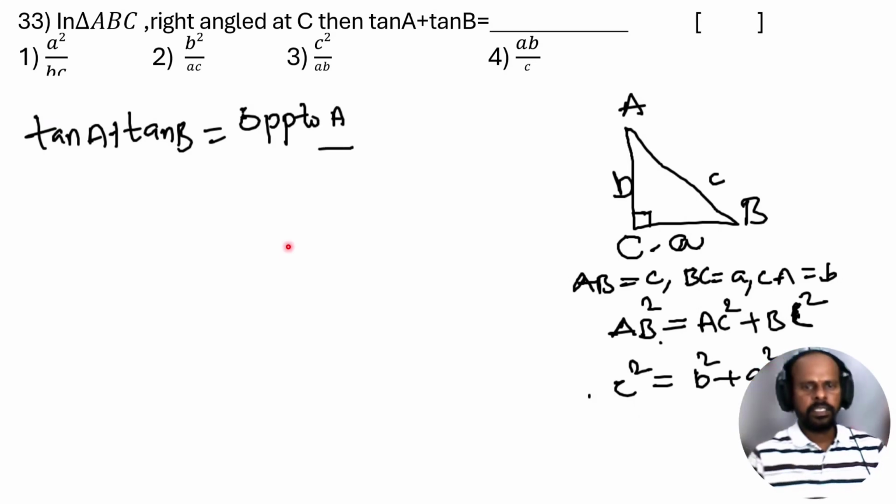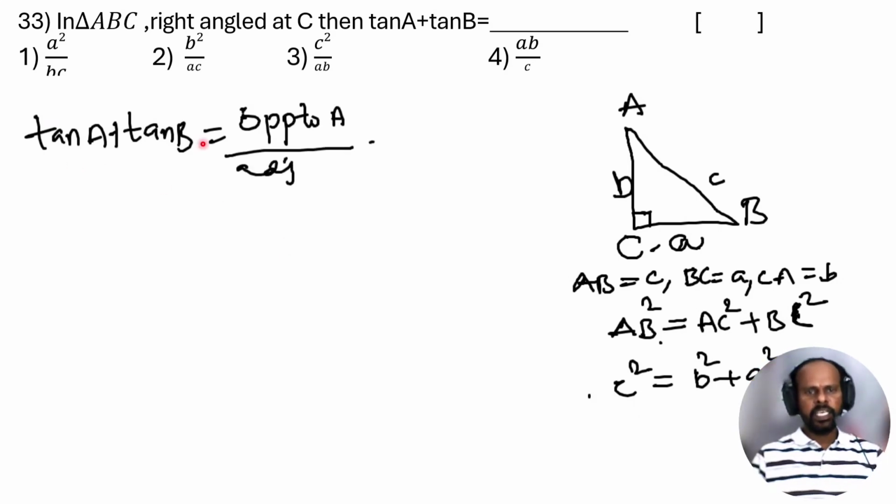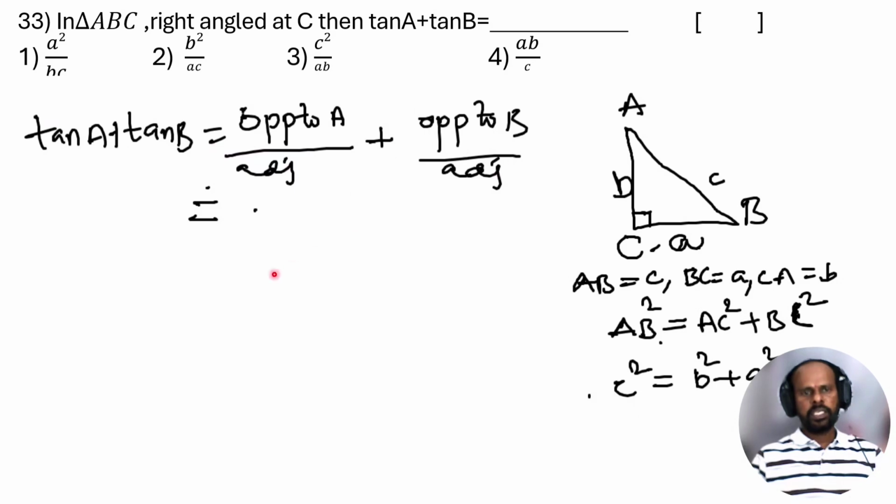Tan B equals the side opposite to B, adjacent. So this is the ratio of tan. Now opposite to A is side BC, adjacent is AC. Opposite to B is side AC, adjacent is the third one, that is BC.